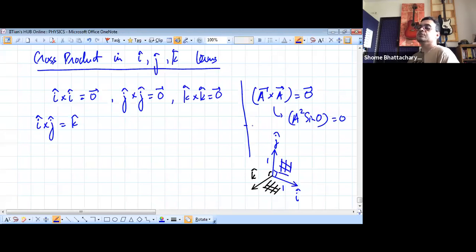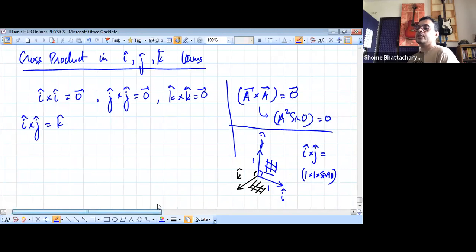If you do I cross J, it will be 1 into sine 90. But what about the direction? The direction will be the direction of I cross J, so that is pointing in the direction of the Z axis.